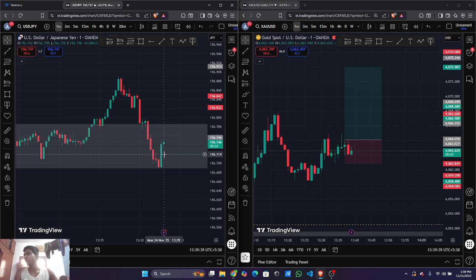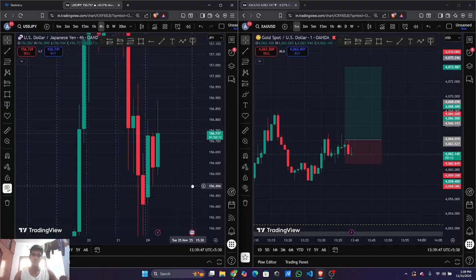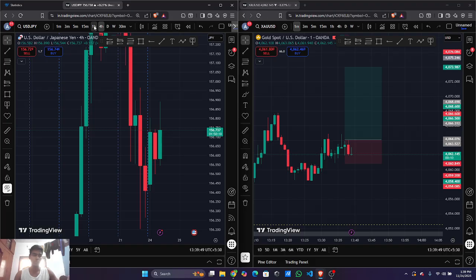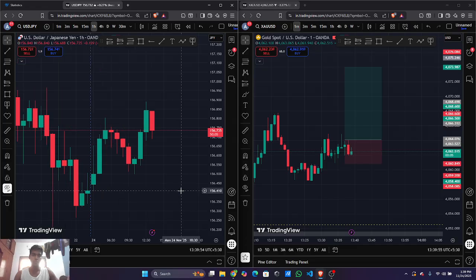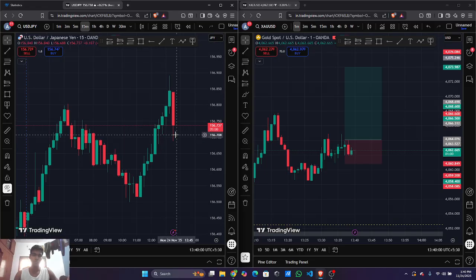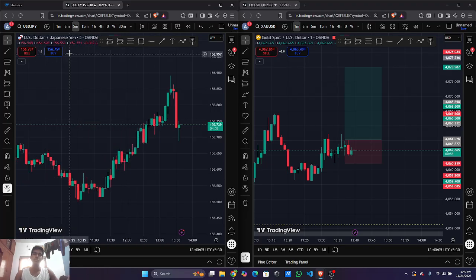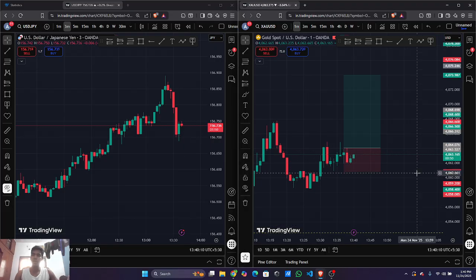There is a fair value gap. This is the last trade. I think it's a good trade. It is a little risky. It's more of a logical trade than a technical trade.